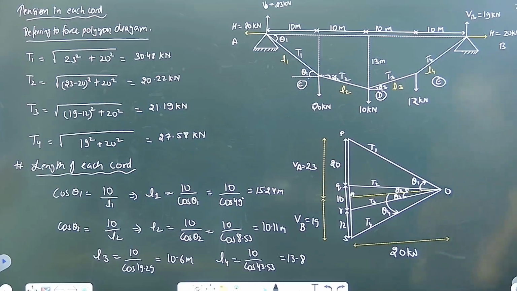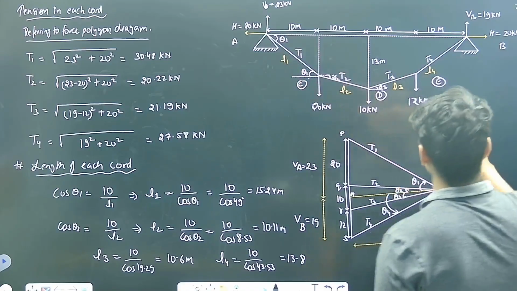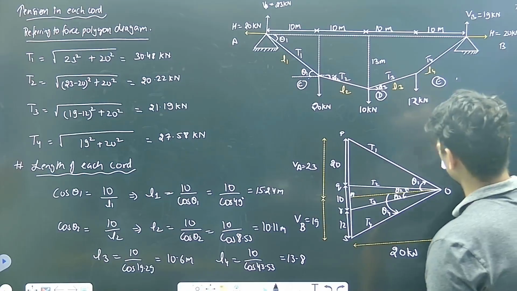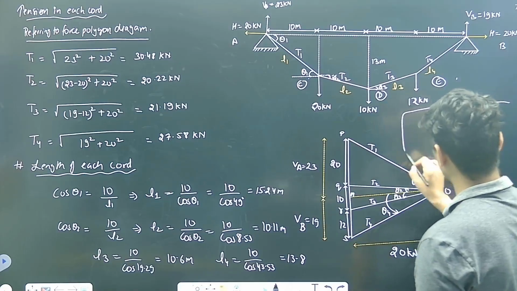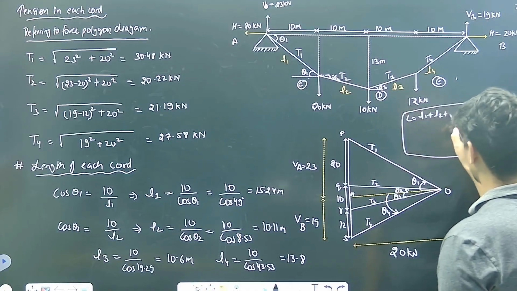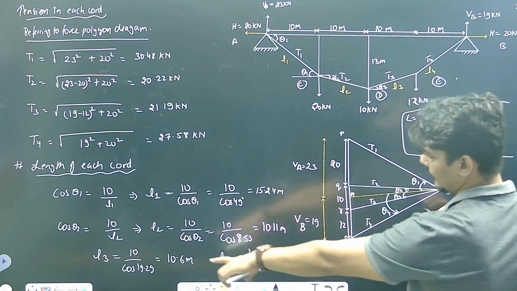So what is the total length? Total length is L1 plus L2 plus L3 plus L4. So here L is equal to L1 plus L2 plus L3 plus L4. What is L1?